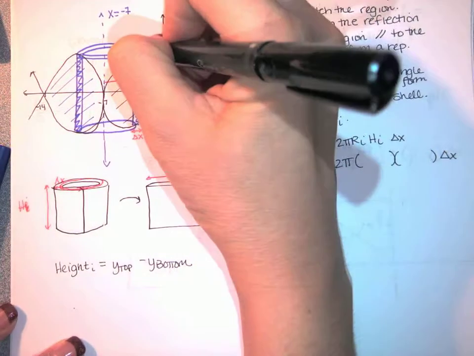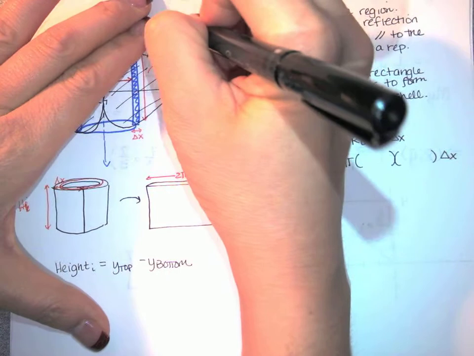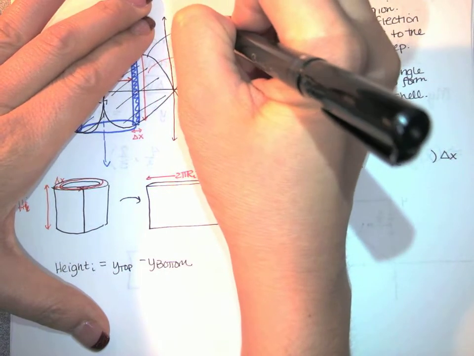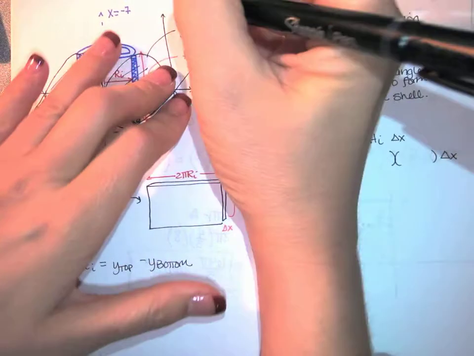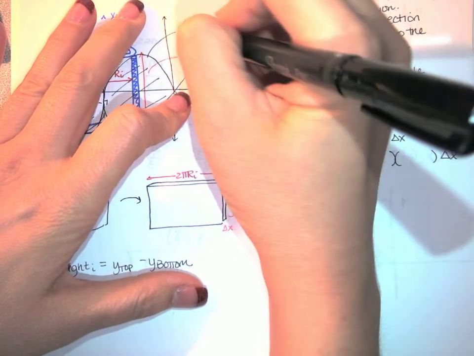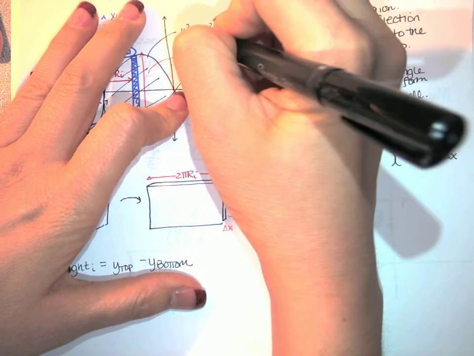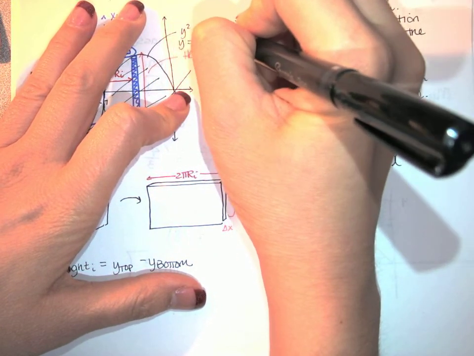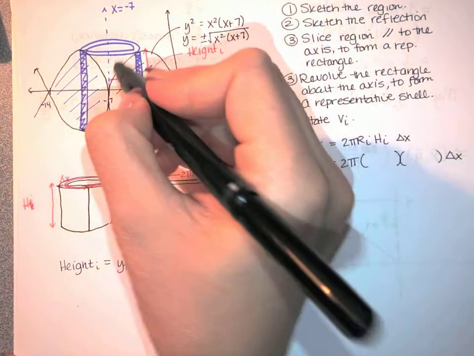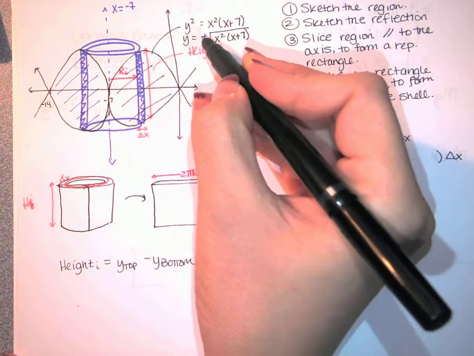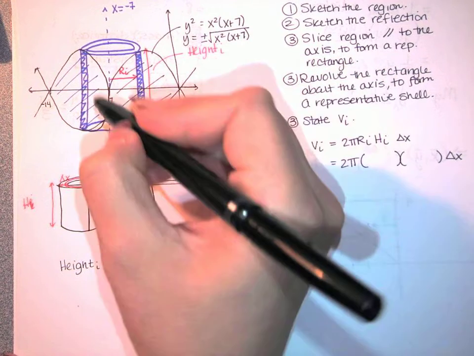Now on this curve, y squared is equal to x squared times the quantity x plus 7. So if I want to get y by itself, I have to take the square root of both sides. But don't forget the plus or minus. So y is the positive square root of this, which is the top half, part of the time, and then y is the negative square root of that, which is the bottom half.